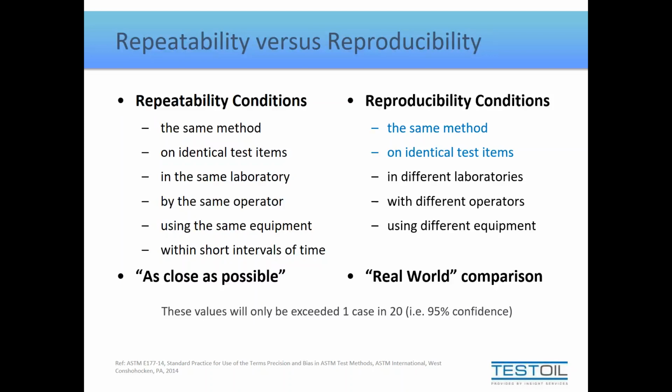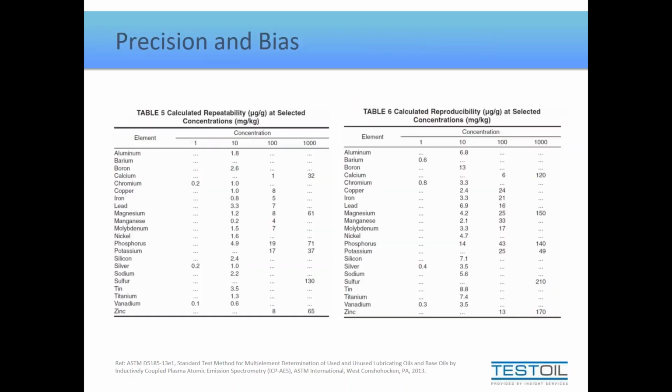So what showing you these numbers is going to do is give you an idea of how much wiggle room we have when we interpret the results. So here are the 2 charts. Repeatability is on the left, reproducibility is on the right, and you will notice that they show you different concentrations for different elements.